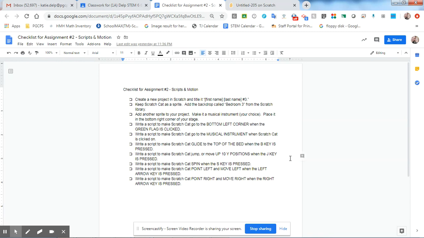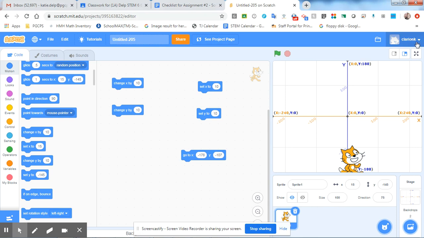Make him go to the musical instrument when you click on him. Make him go to the top of the bed when the B key is pressed, and jump up 10 Y positions when the J key is pressed, and spin when the S key is pressed, and point left and move left when the left arrow key is pressed, and point right and move right when the right arrow key is pressed, okay? So it looks like a lot, but once you get going, this really is very simple, and this is just the basics of programming.